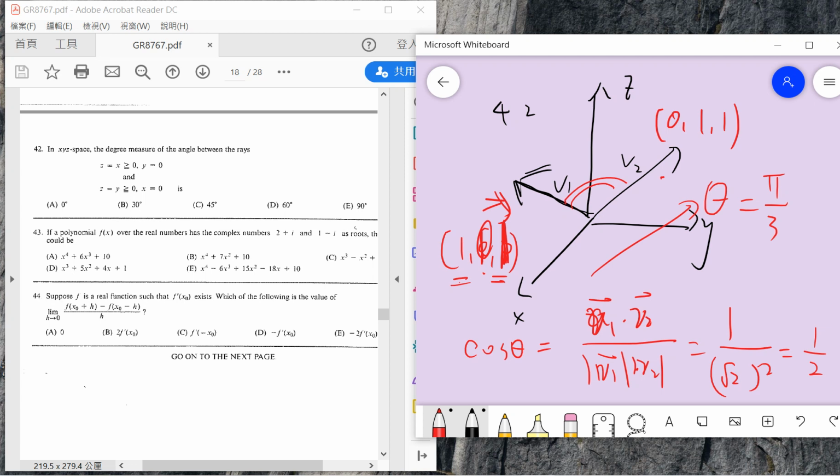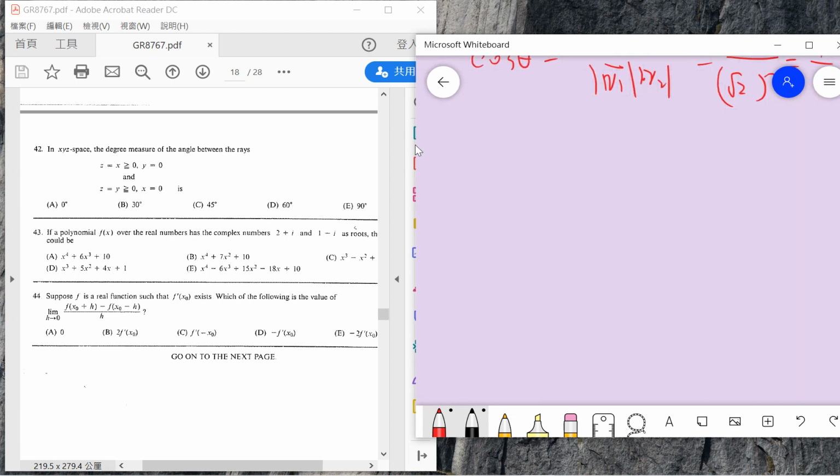And another way is you calculate the triangle. You can calculate the three distances of this triangle. So the second method is that this length is square root of 2, this length is square root of 2, and then you calculate the distance from here to here.